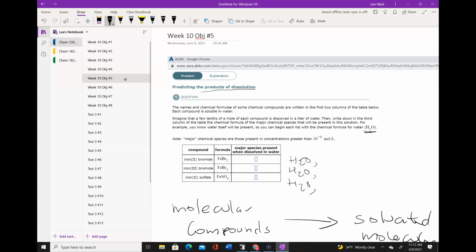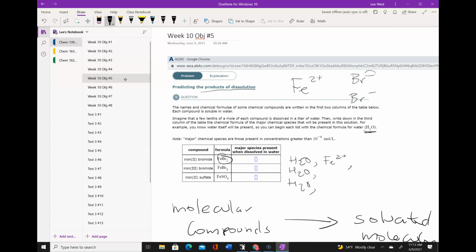You don't need to put the physical state symbol there. So iron 2 bromide, that's an ionic compound. So it tells you that it's Fe2+, and then a bromide. Every time it's going to break apart to form bromide ions and Fe2+ ions.